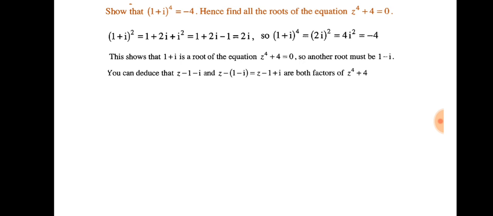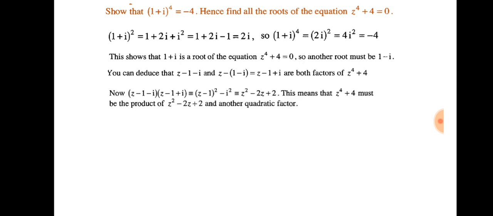You can deduce that z minus 1 minus i and z minus 1 plus i are both factors of z to the power of 4 plus 4. So the product of the two factors, z minus 1 minus i and z minus 1 plus i, that is z square minus 2z plus 2, should also be a factor of the given polynomial.